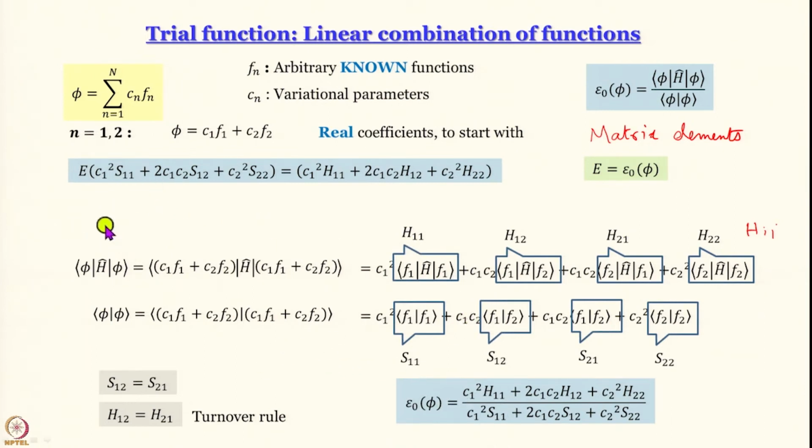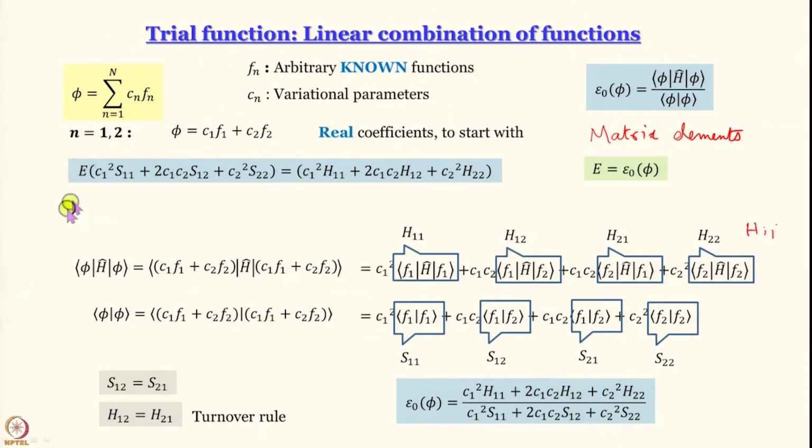So, E multiplied by C1 square S11 plus 2 C1 C2 S12 plus C2 square multiplied by S22.